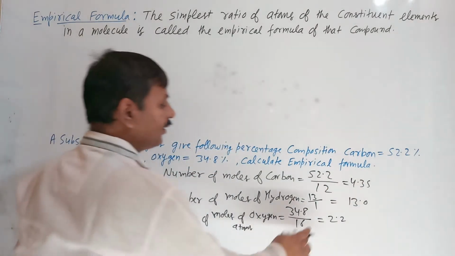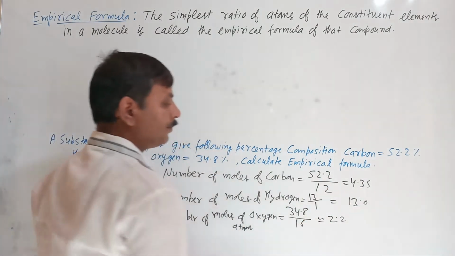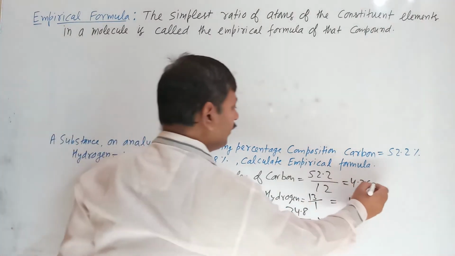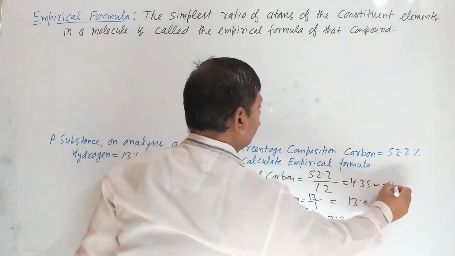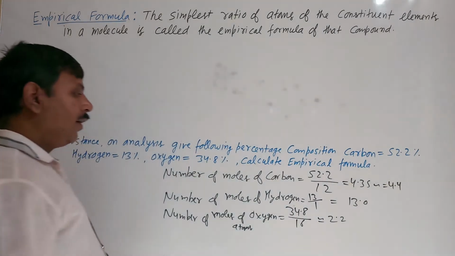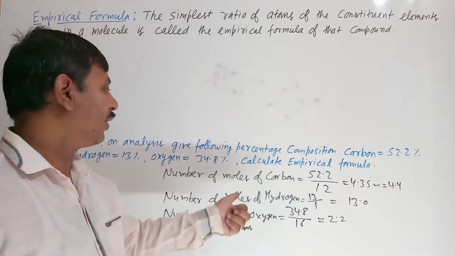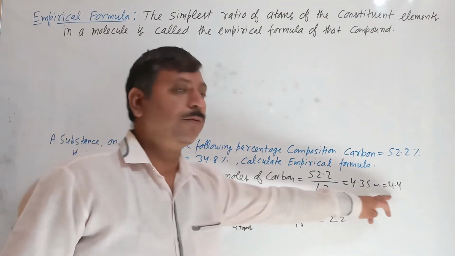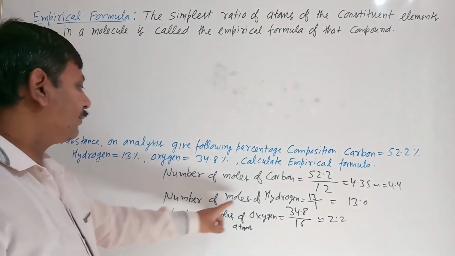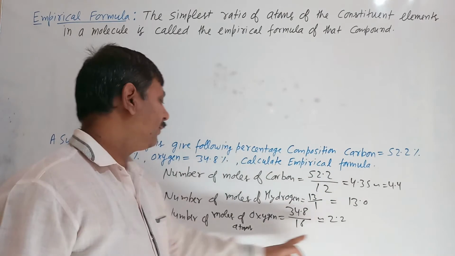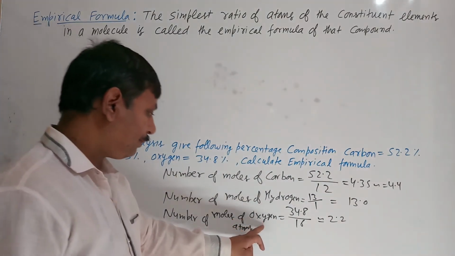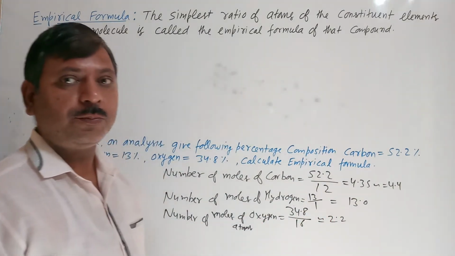Nearby we can take it as 2.2. This also we take nearby 4.4. Here we can see the number of moles of carbon atoms present in that compound is 4.4, hydrogen is 13, oxygen is 2.2.